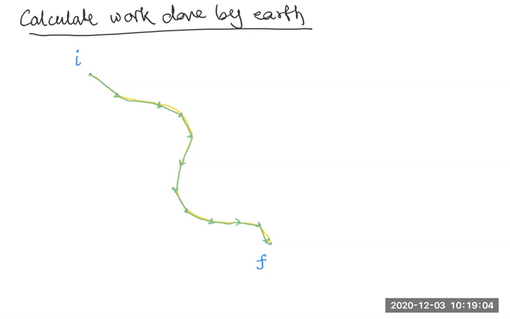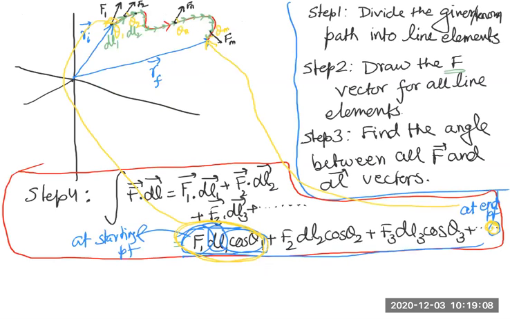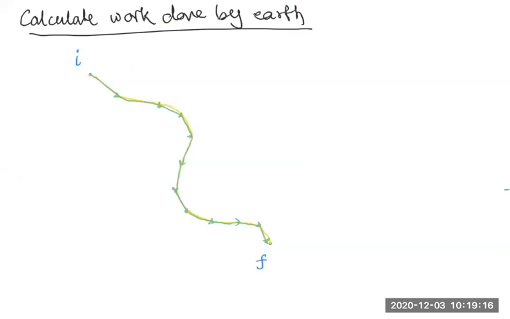Okay, what is the next step? Draw the F vector for all the line elements. Okay, no problems. The F vector in this case is mg, and mg is having a constant direction and magnitude.